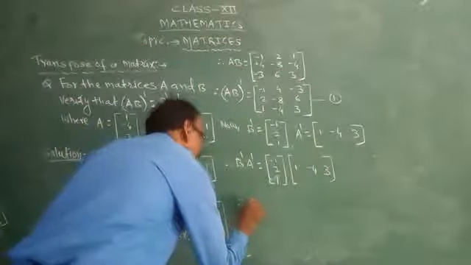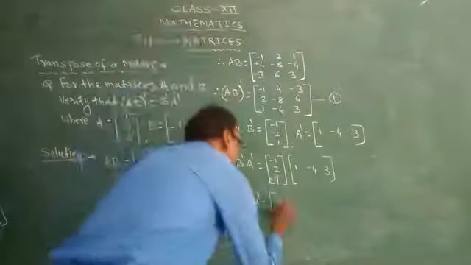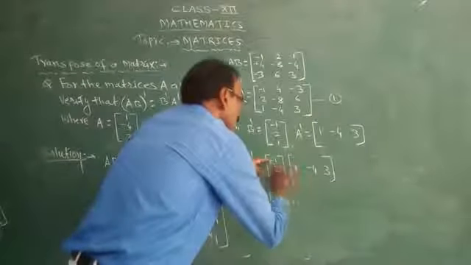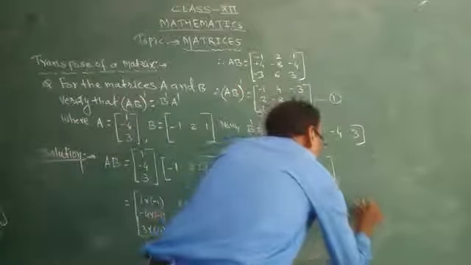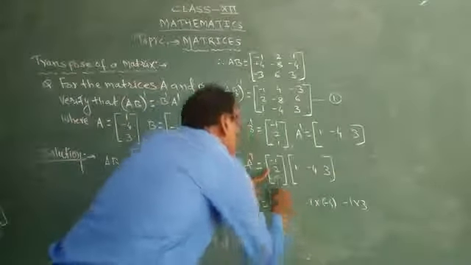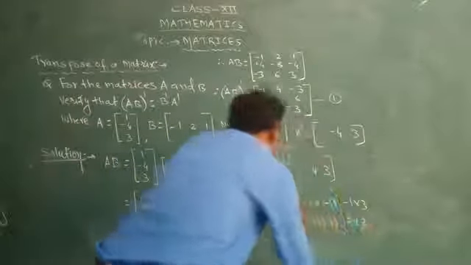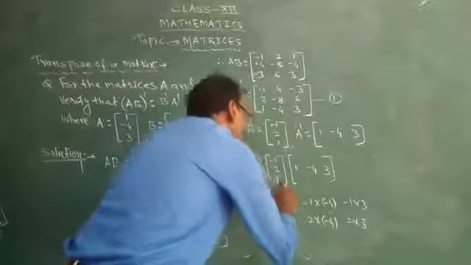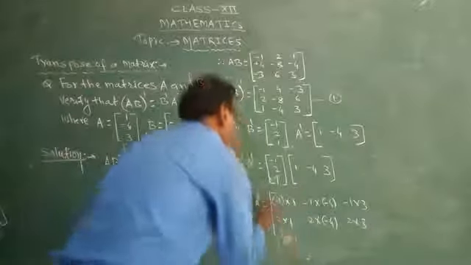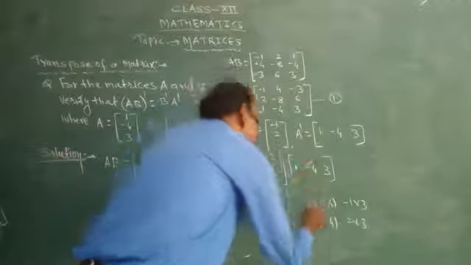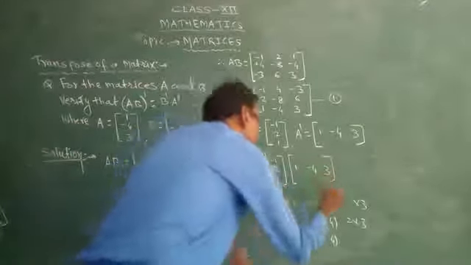Okay, therefore B transpose into A transpose equals: first row first column, minus 1 into 1, first row second column, minus 1 into minus 4, first row third column, minus 1 into 3, second row first column, 2 into 1, then 2 into minus 4, 2 into 3, then third row, 1 into 1, 1 into minus 4, 1 into 3.